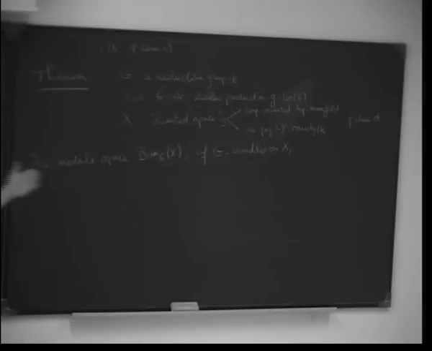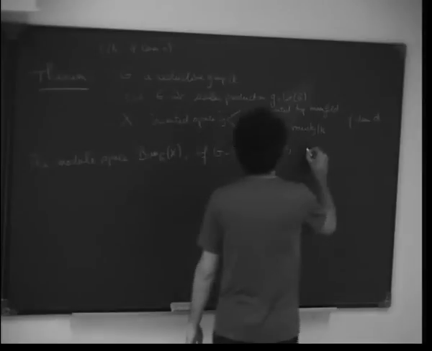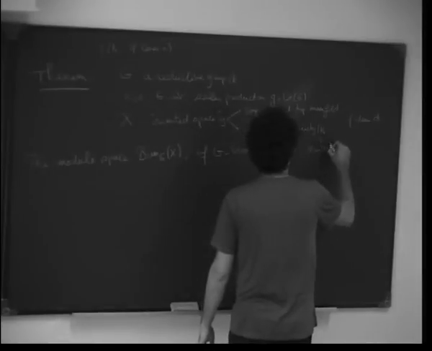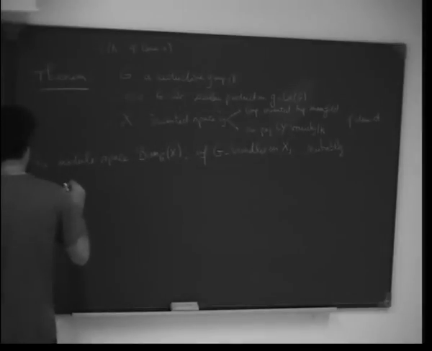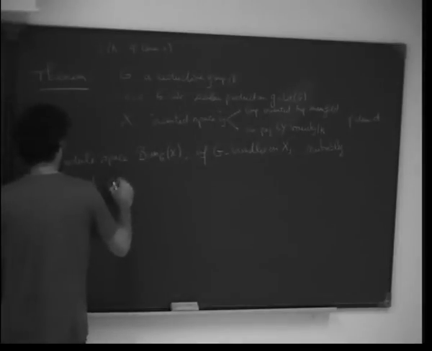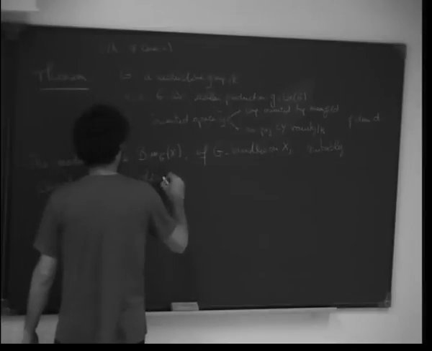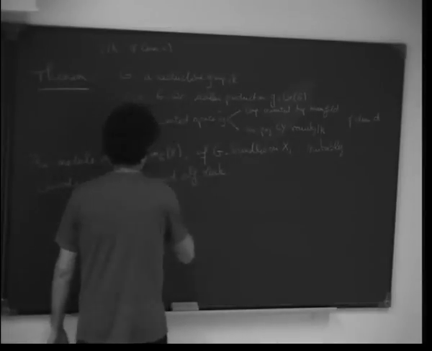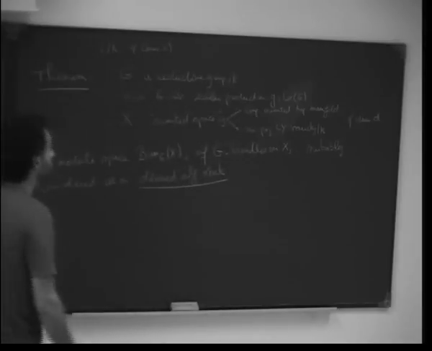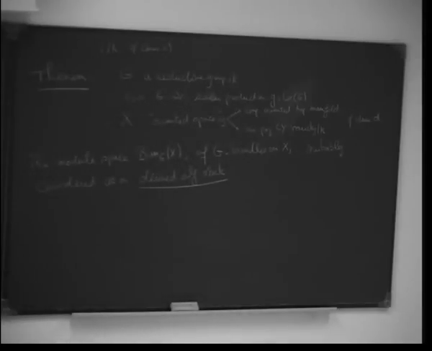Okay. And so the moduli space Bun-G of G bundles on X, suitably considered as a derived algebraic stack. So this is one of the words that I have to explain. I won't explain this today, but tomorrow.